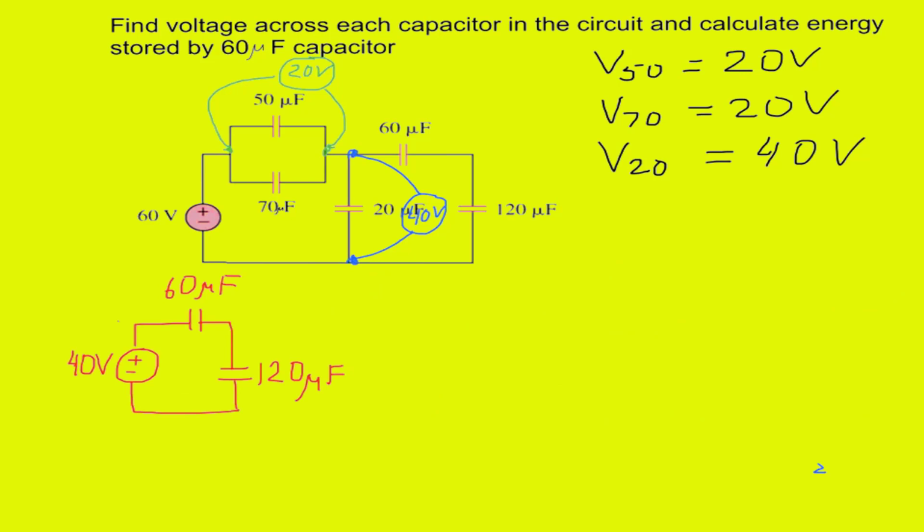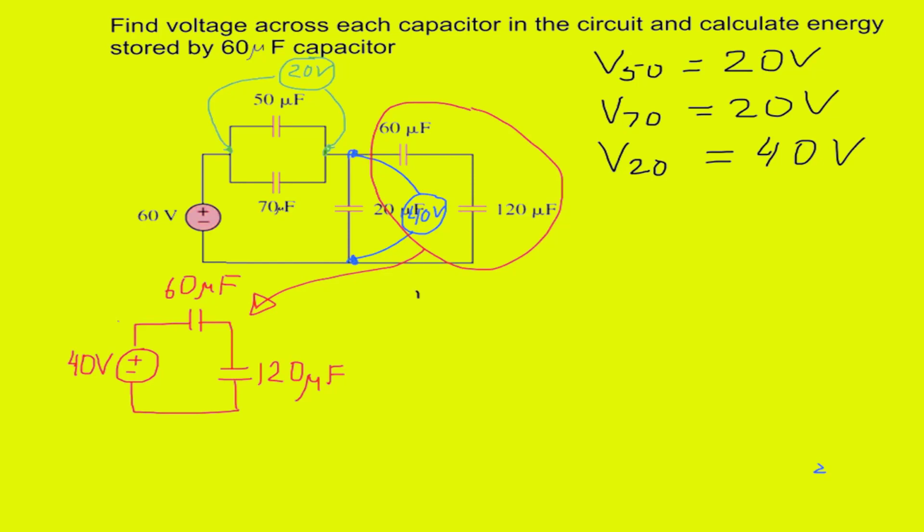So what we can do in this case, if we just take these two capacitors on their own, connected in series and having the total voltage of 40 volts, we can go to this simple circuit with only two capacitors connected in series, and pretty much do the same thing as we did before. By using the capacitive voltage divider rule, we can find the voltage across each capacitor.